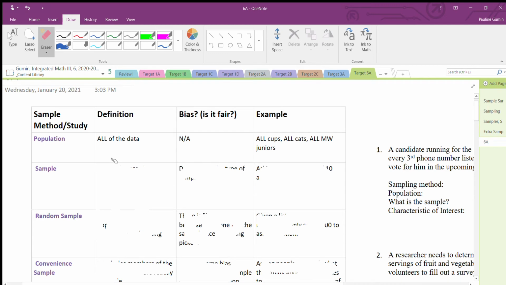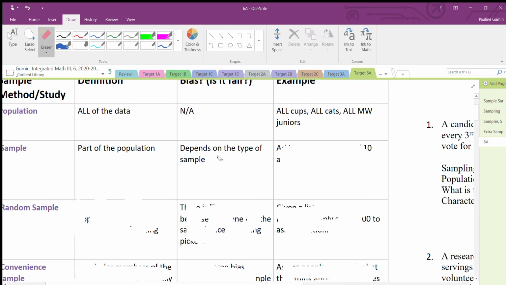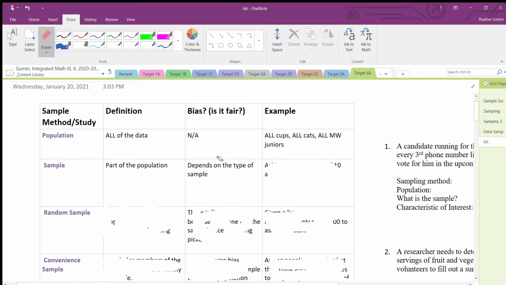Now what a sample is part of the population. That's what we're going to sample. We're going to conduct whatever study of statistics that we intend. Now, is there a bias to the sample? Well, it really depends on the type of sample we take.